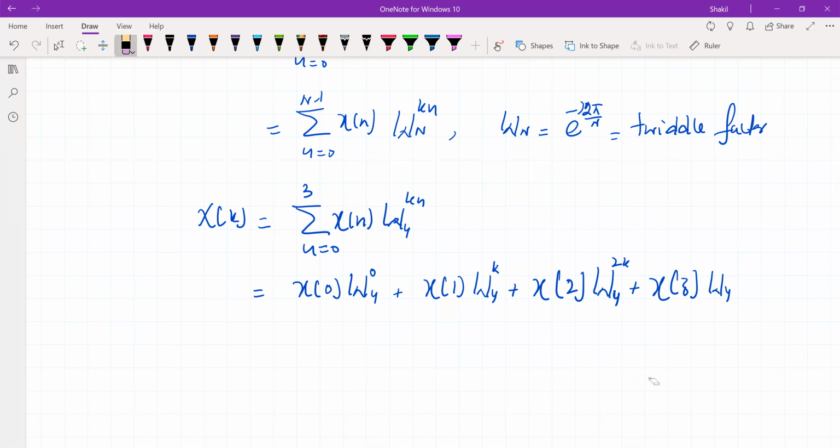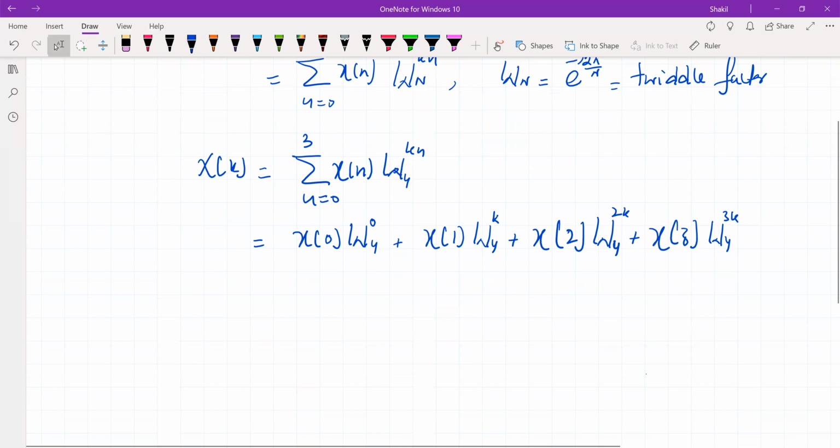Substituting the values of n here, we put k equal to 0, 1, 2, 3. So this is our expression.